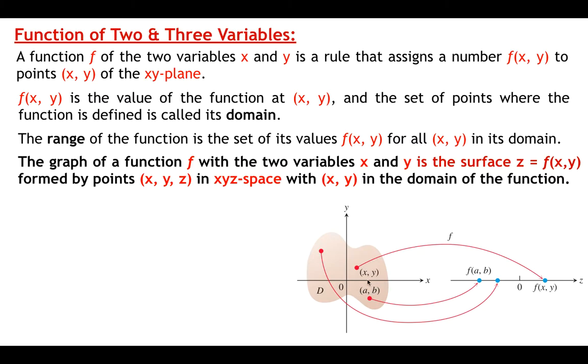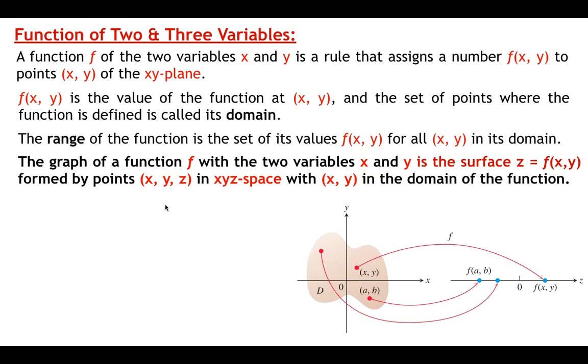For every point in the domain we get a corresponding function value on the z axis, the height, and so they form the surface z equal to f(x, y). So this was the definition for a function of two variables.